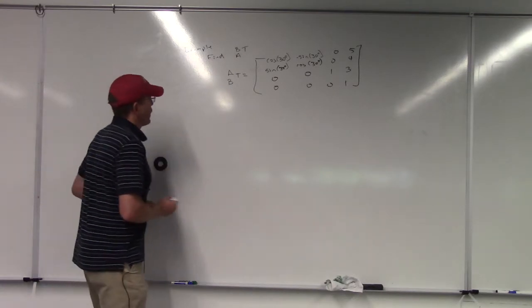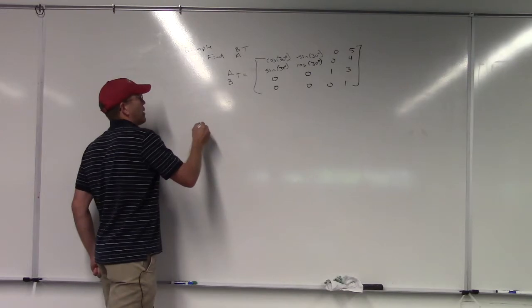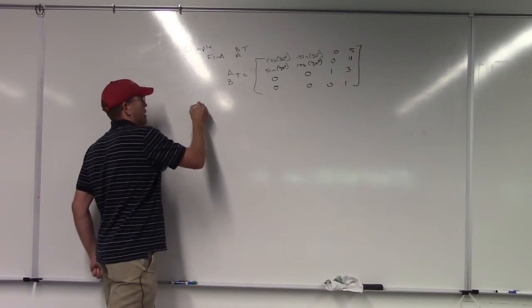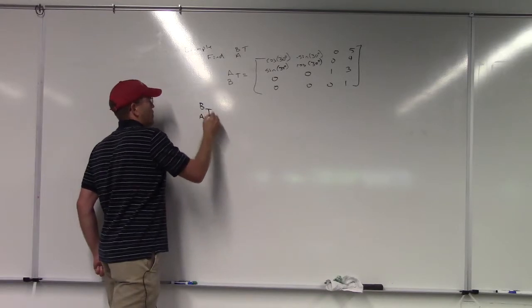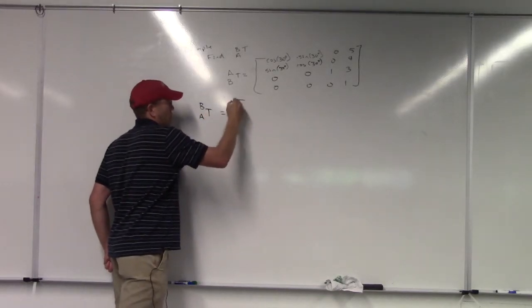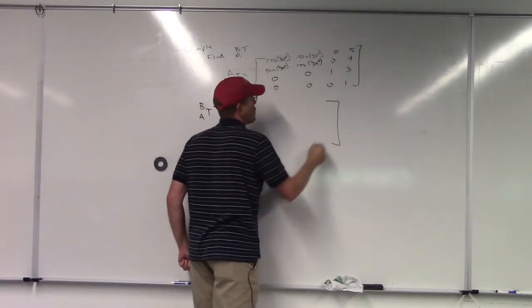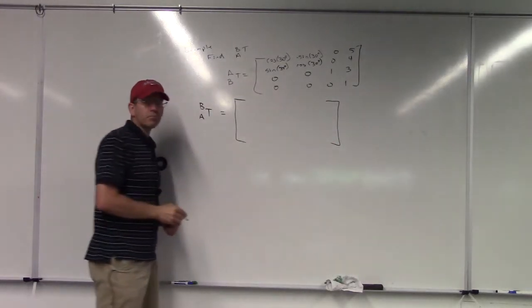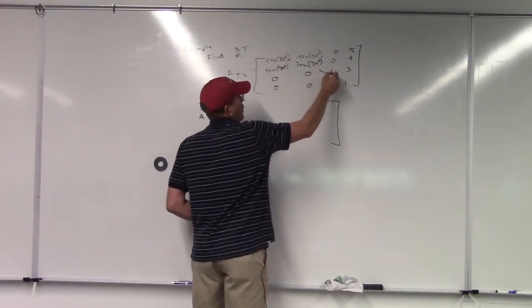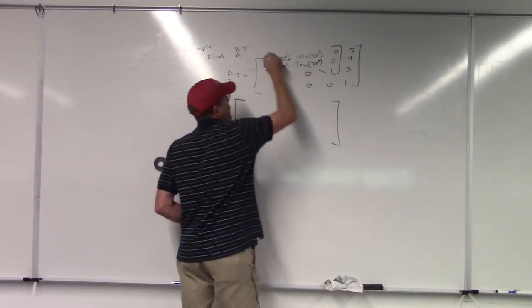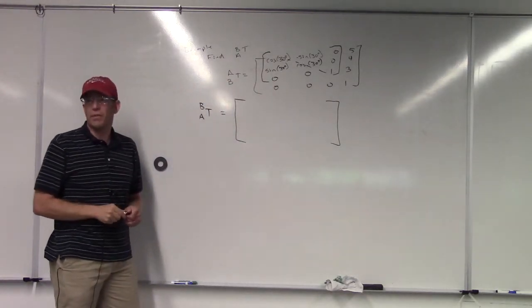Okay, so we're going to go through and try to invert this. The easier part of this is just determining the inverse rotation matrix. So we're going to define the transformation from B to A, and what's the inverse rotation matrix going to look like? Right here's our rotation matrix. All we're going to do is hit that with a transpose operation.